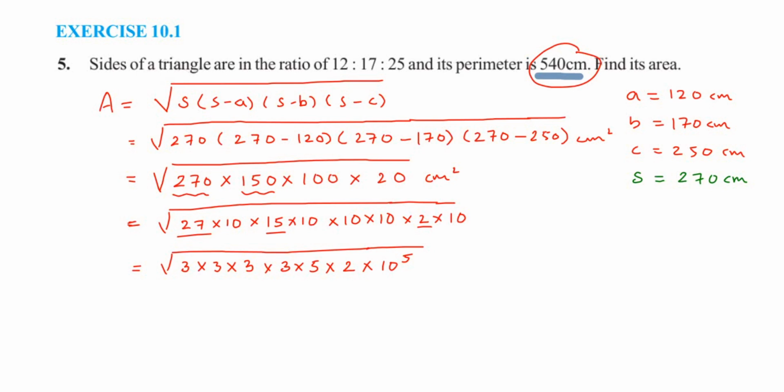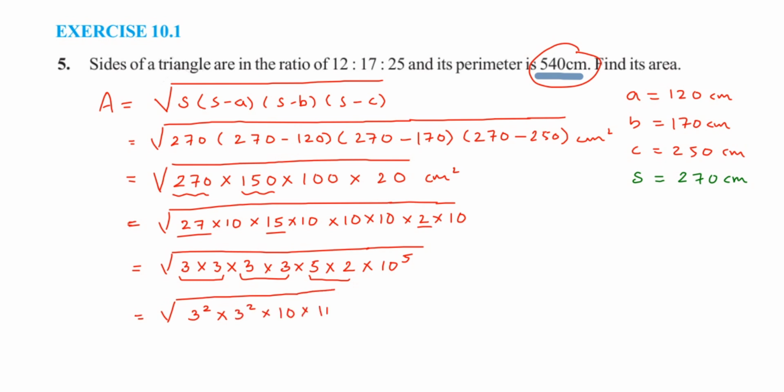Now start pairing up. So we have 3, this is one pair, this is another pair, and for 5 and 2 we don't have any pair, but yes, we can multiply 5 and 2, we get 10. So we can rewrite this as 3 squared times 3 squared times 10. Now why am I multiplying this 2?